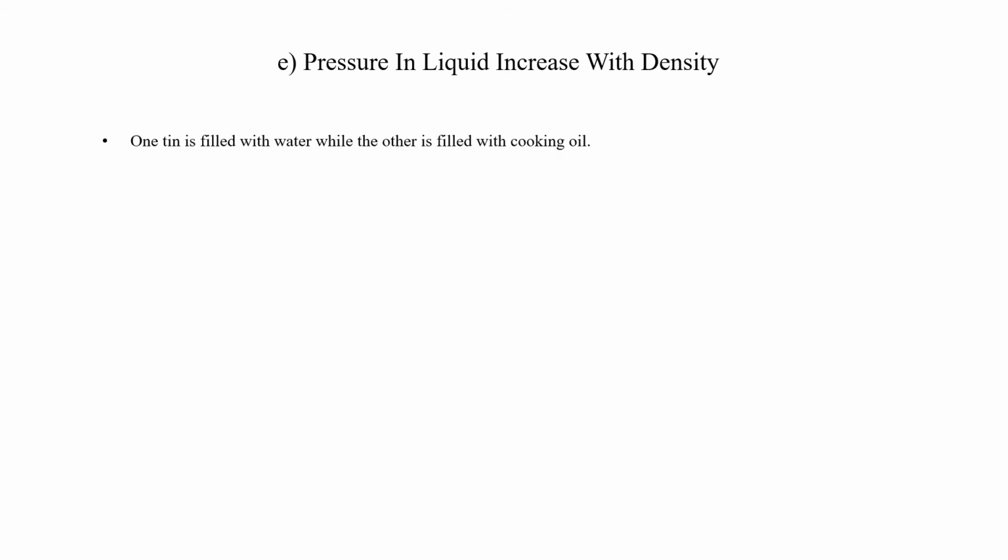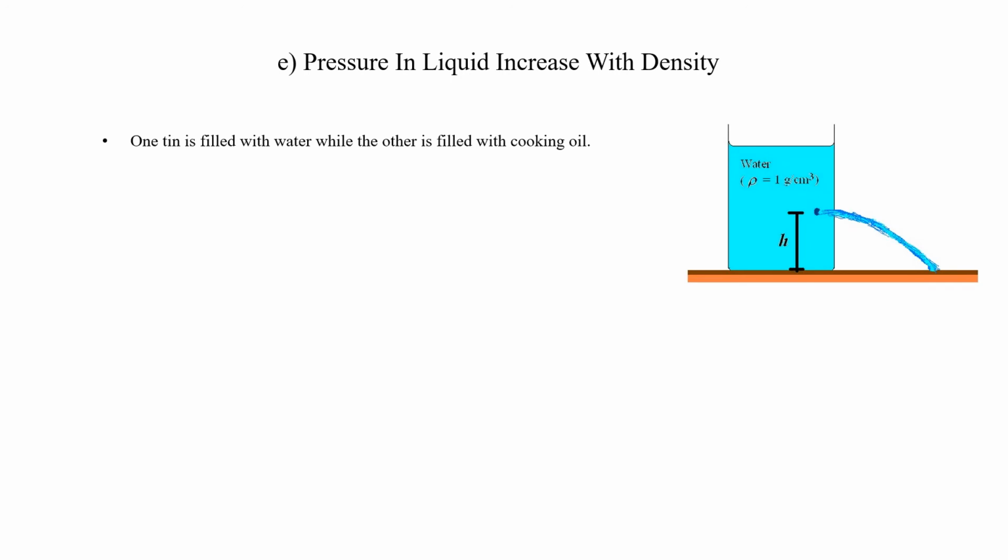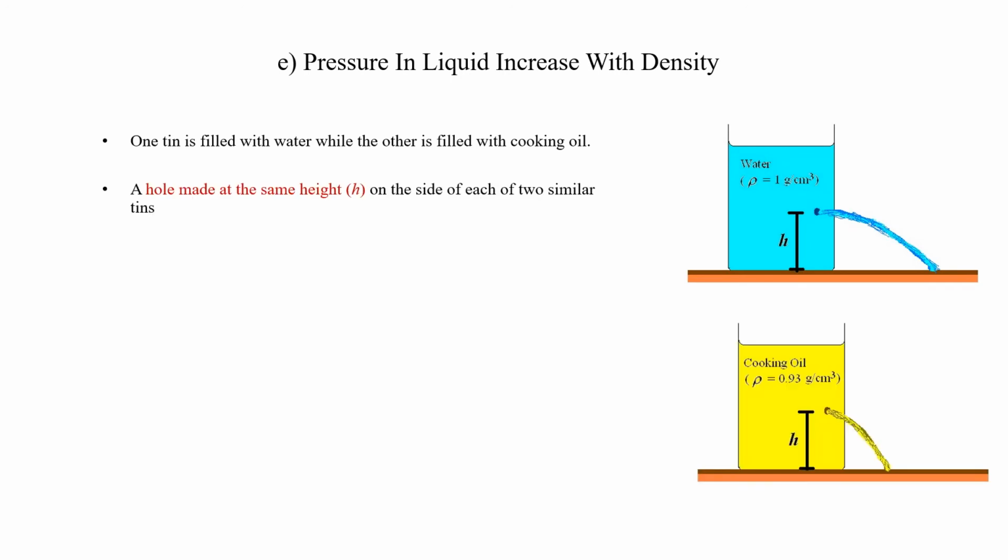One tin is filled with water while the other is filled with cooking oil. A hole is made at the same height on the side of each of 2 similar tins. As you can see in the figure, the density of water is higher than the cooking oil.